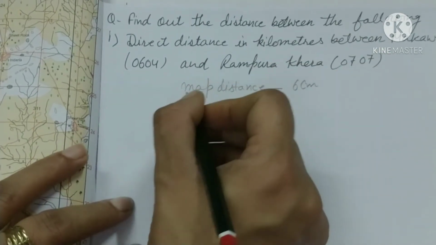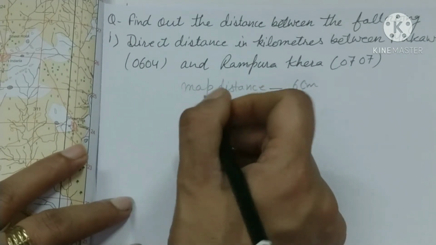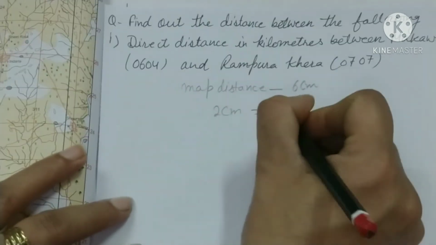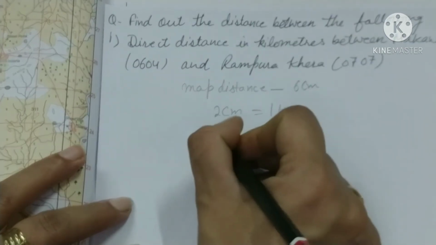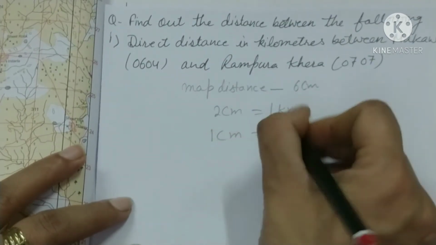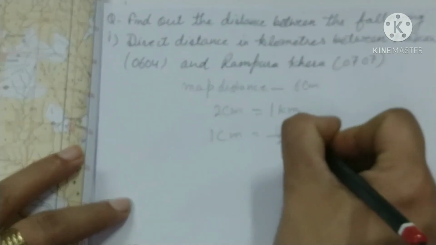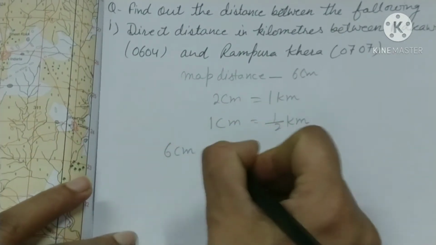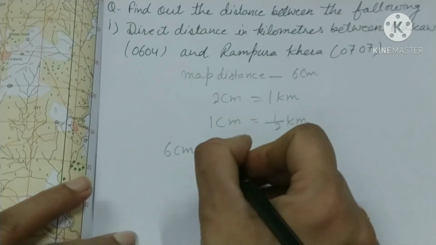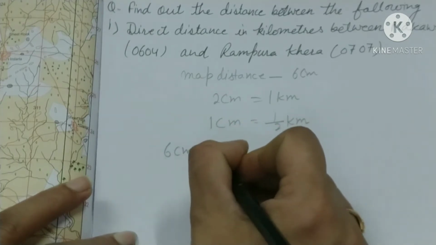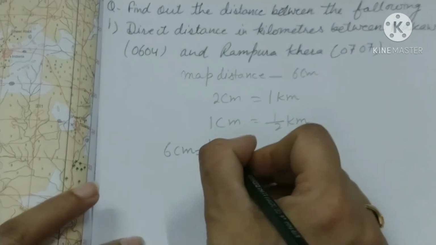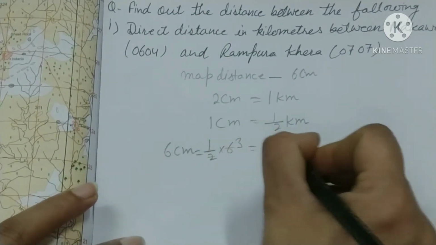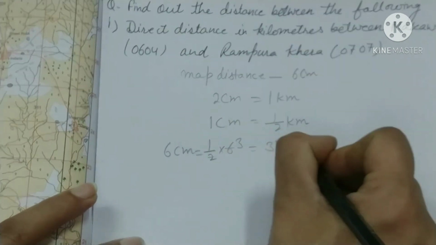Now we have the map scale. What is the map scale? That is 2 centimeter is equal to 1 kilometer, meaning 1 centimeter is equal to half kilometer. So 6 centimeter is equal to 1 upon 2 into 6, which is 3 kilometer.